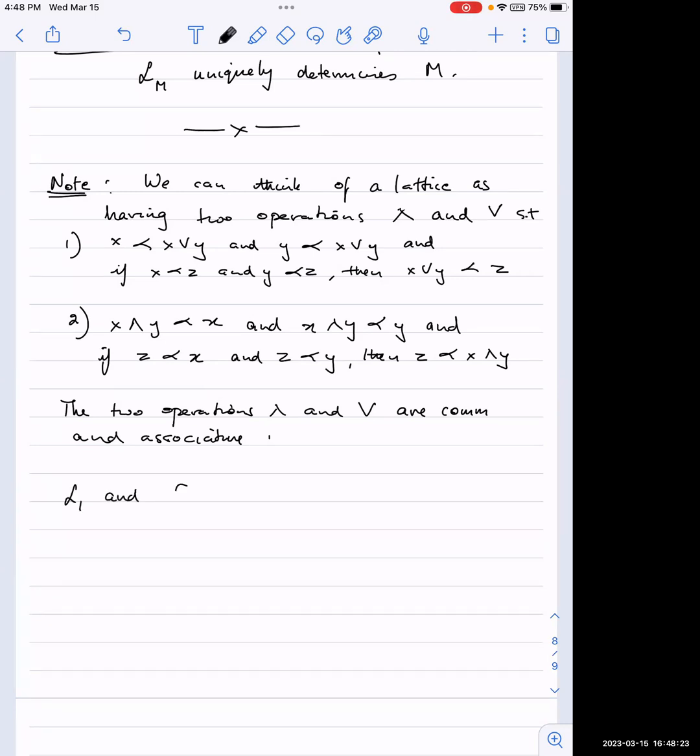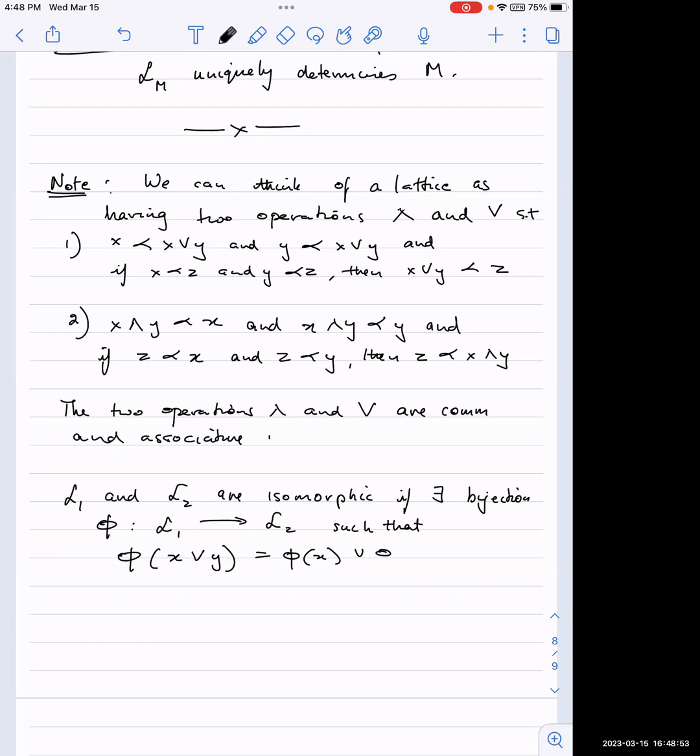And this is the same, it's not a different definition, it's just a different way of thinking about it. If there exists a bijection phi from L1 to L2 such that phi of X or Y is equal to phi of X or phi of Y, and phi of X and Y is equal to phi of X and phi of Y.